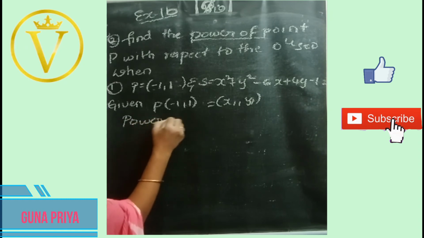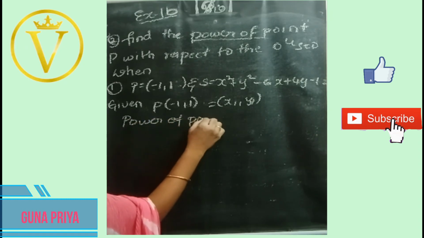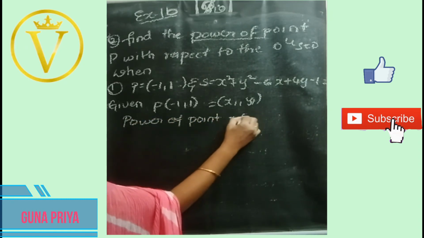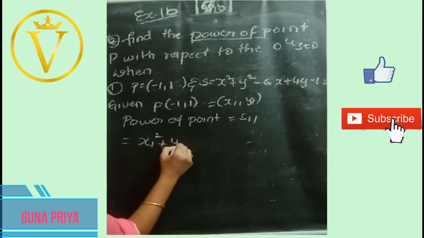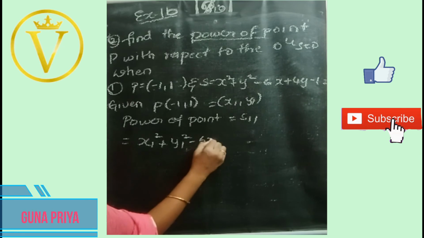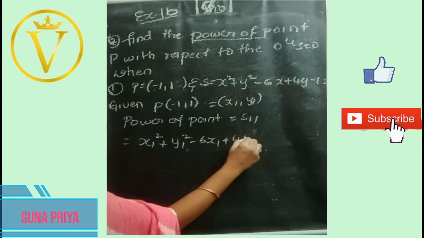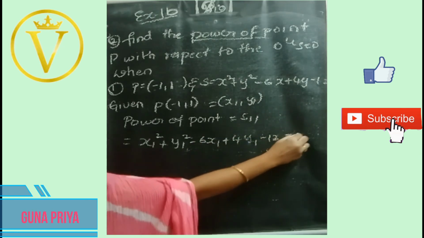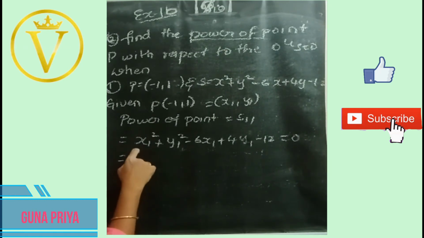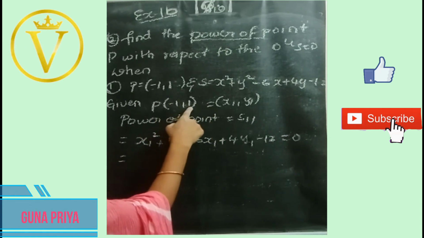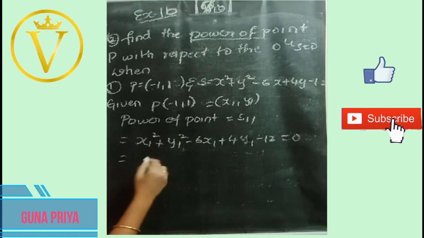So power of point is S11 equals to x1 square plus y1 square minus 6x1 plus 4y1 minus 12 equals to 0. Now substitute the values of x1 and y1.